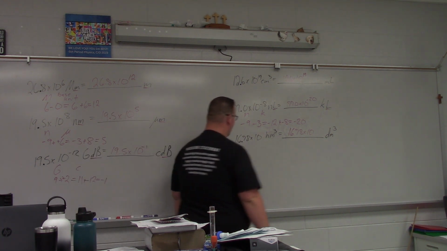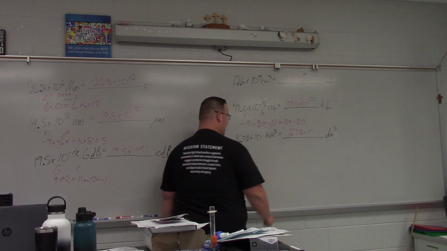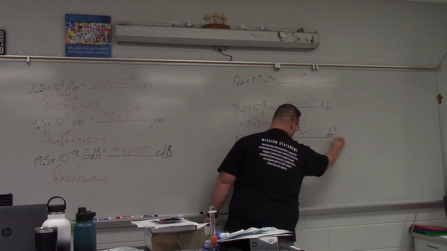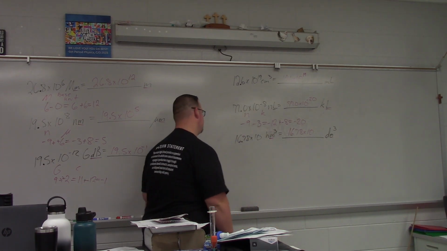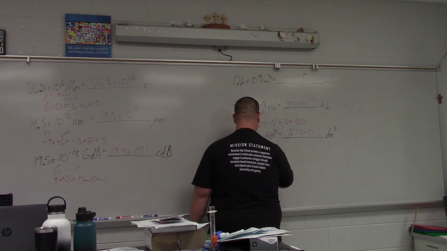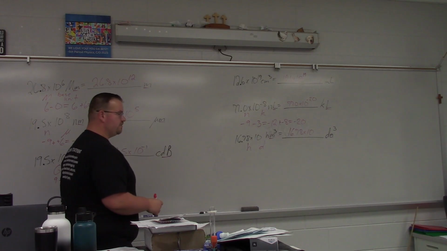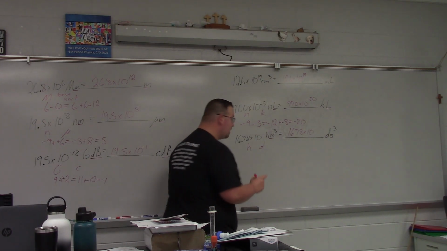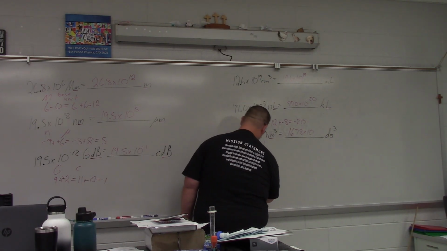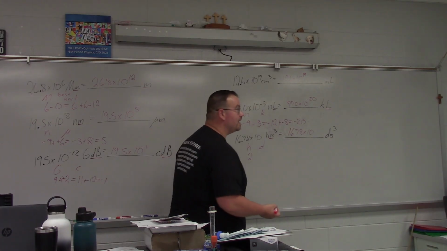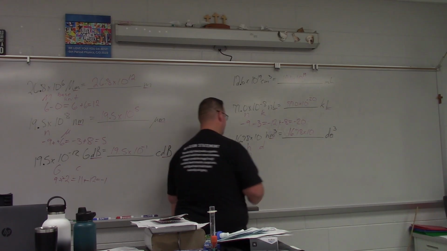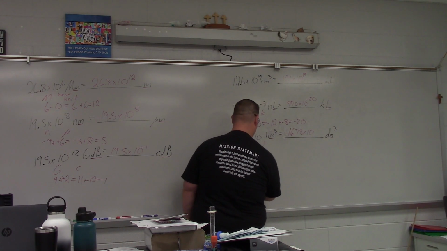Then I go to my last one. Meters are the same, so I'm looking at the difference between hecto and deci. The exponential value for hecto is 2. I feel like Hannah right now. I miss my girl today.